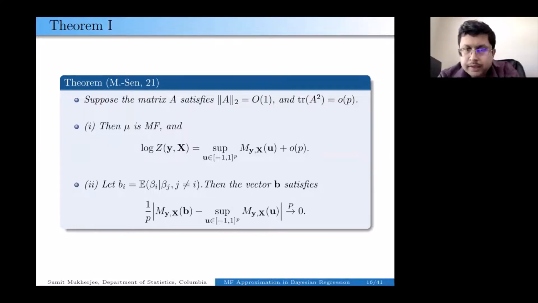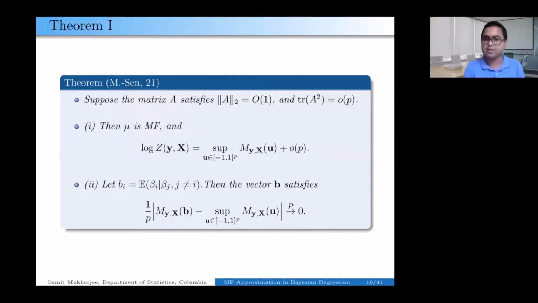And the probability statement you have is under the posterior. Okay. So for the first theorem, everything is under the posterior. These are comments which will follow in the following slides, but it's good that you asked this question because all the notations are here. When we say small o of P, this is actually not a probabilistic statement. So Y and X are fixed.